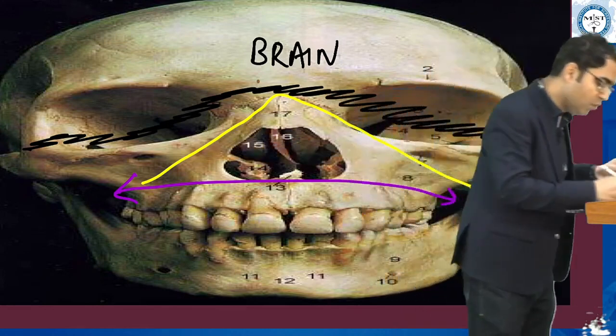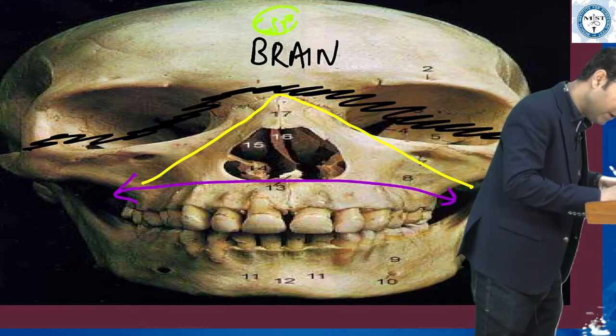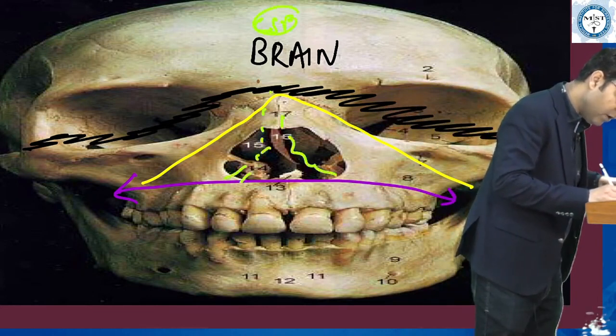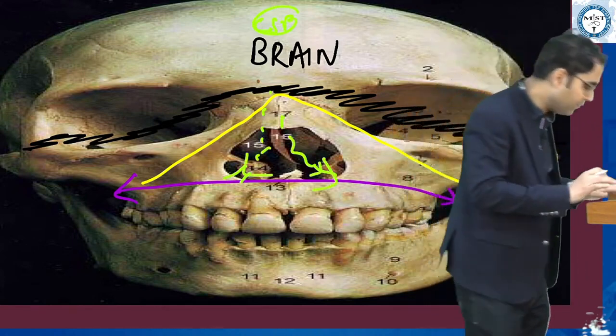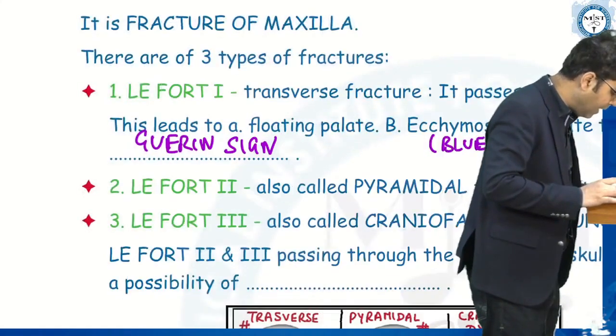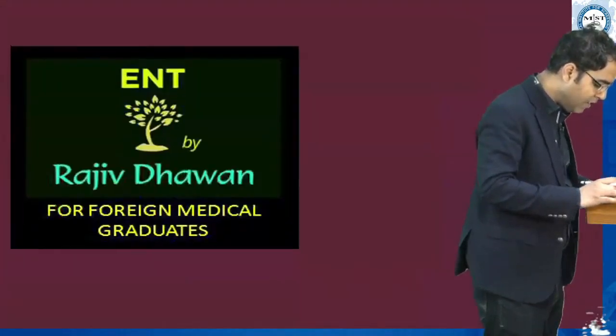So in Le Fort 2 and Le Fort 3, because the brain has CSF, the CSF will start flowing from the nose, beta. Very risky problem. The CSF will start leaking like this.